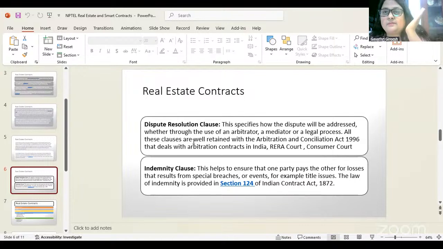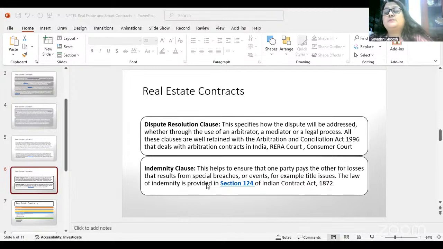Does anybody have anything in the chat box? Okay. All of them are worried about the exam. That's good, because that gives you a lot of focus. That's fine. Okay. So I assume that you have understood this, because it's very basic information on contracts.